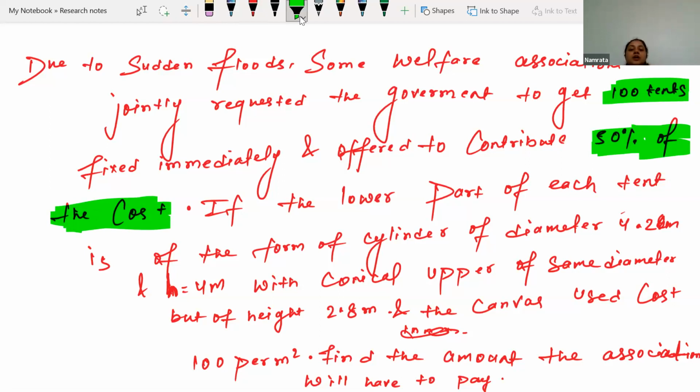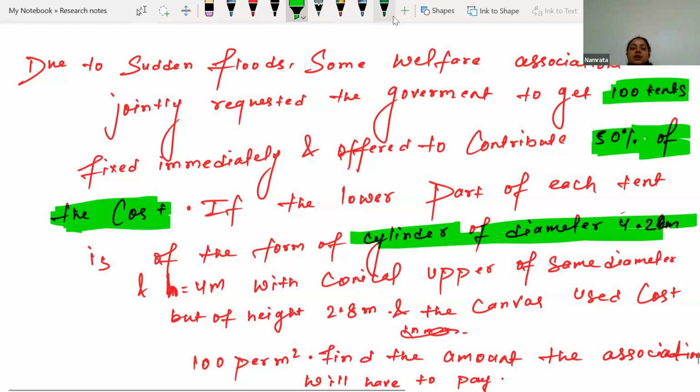Now let's see how exactly the tent looks. The lower part of the tent is a cylinder, diameter and height are given, with a conical upper part. Yesterday only we were doing one tent question where the lower part was a cylinder and the upper part was a cone. Yes or no? Yes, ma'am.